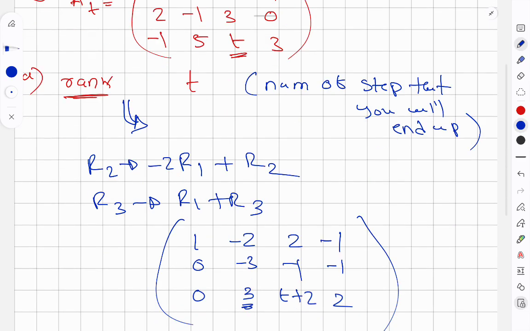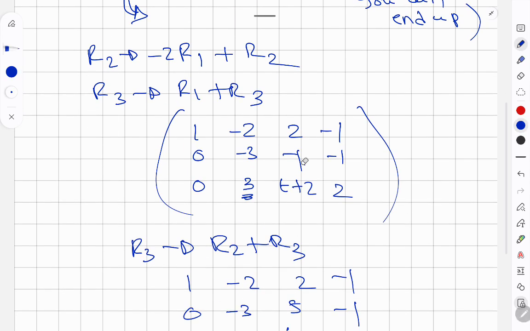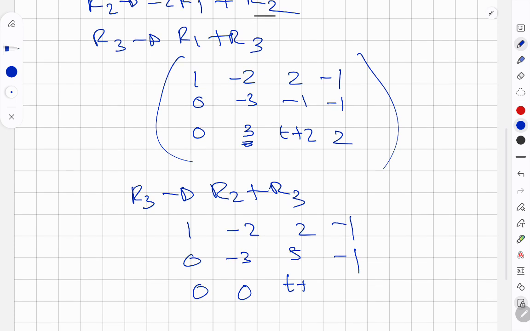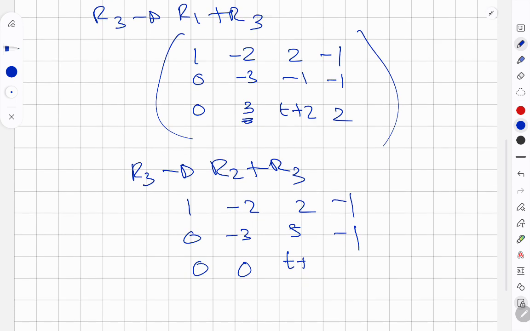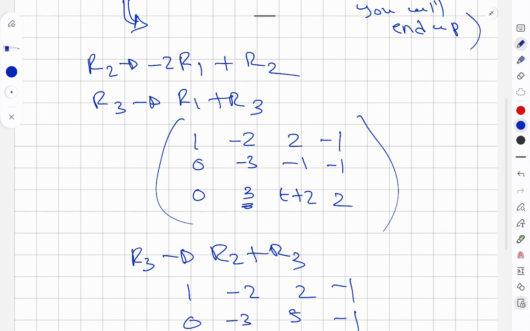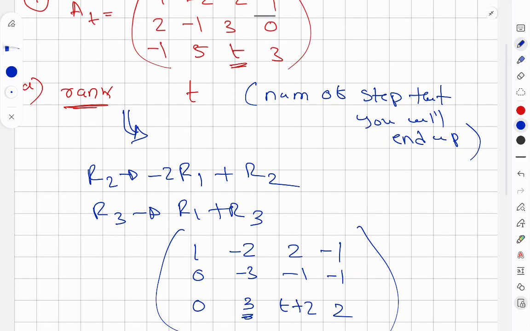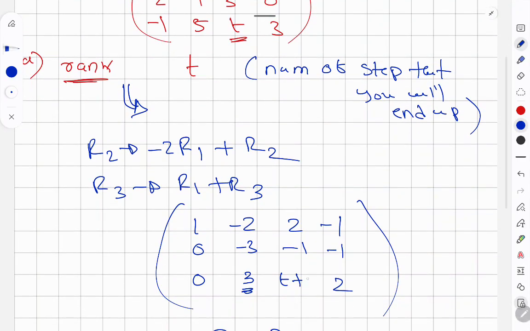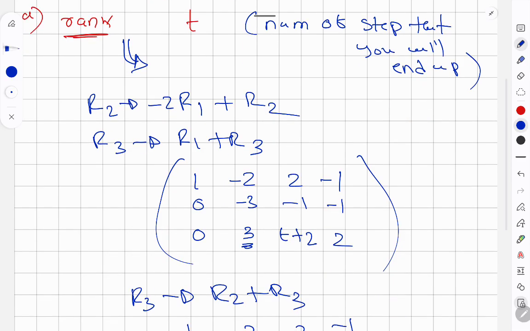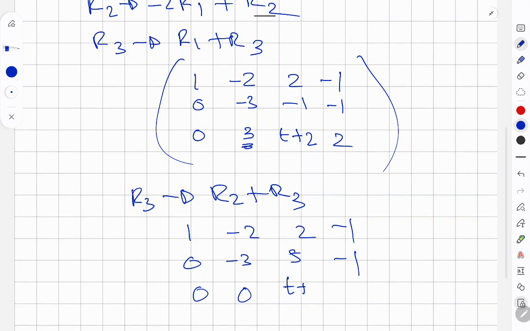Yeah, this would be -1, I guess, and t plus 3 then. At the end, this would be -1, this will be 3, and this would be t plus 2.